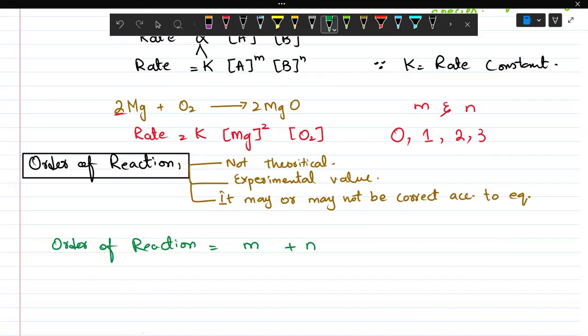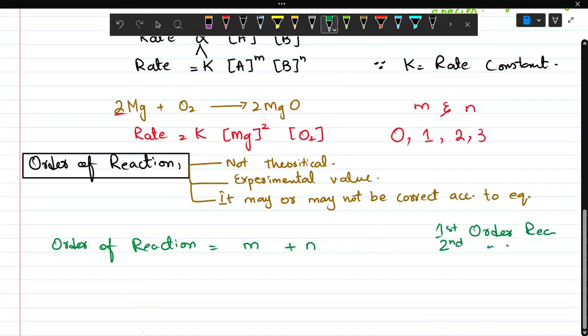So we have the first order reaction, then the second order reaction, then the third order reaction, and we also have the zero order reaction.